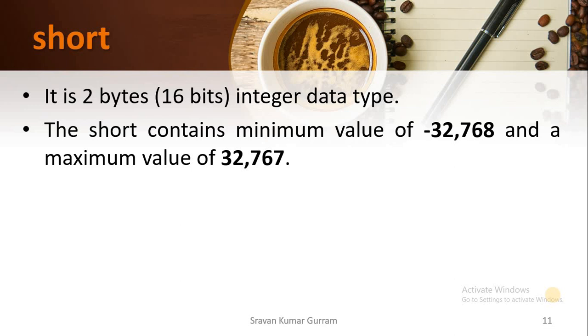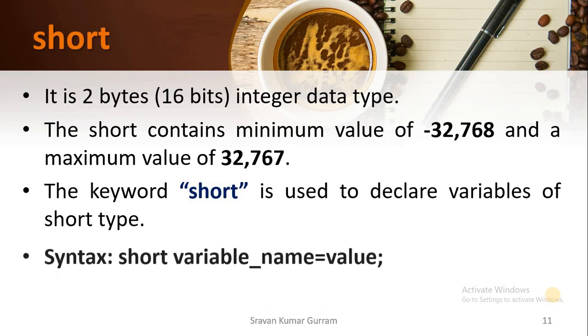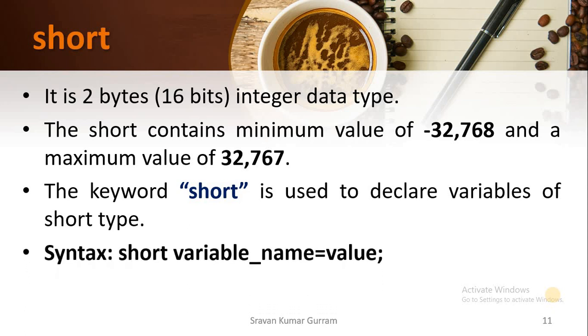All the examples we have seen related to byte, you can apply all those points to the short data type also. The keyword short is used to declare variables of short type. Syntax: short is a keyword, space, variable name, assignment, value.